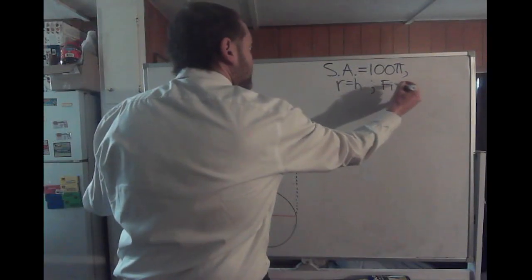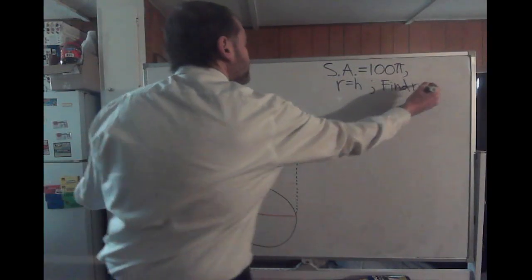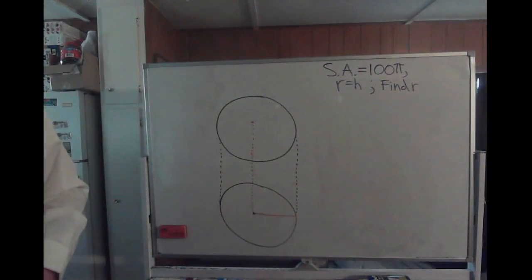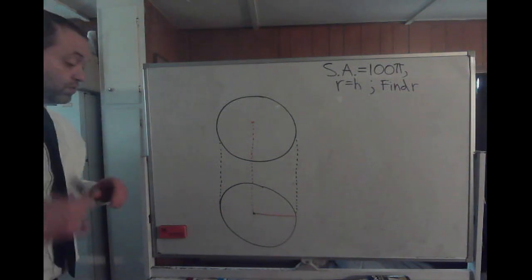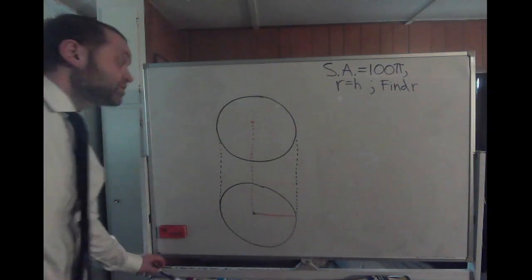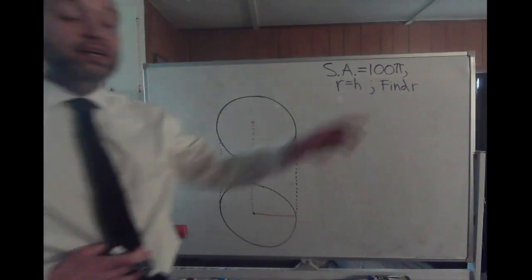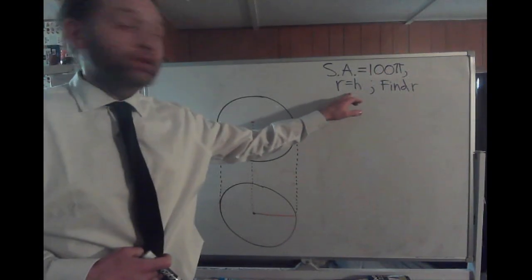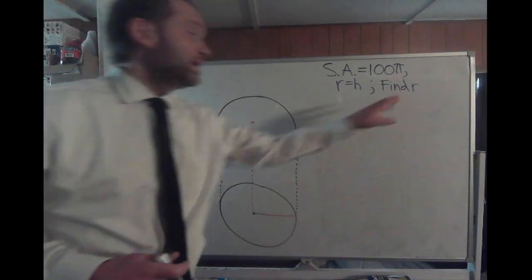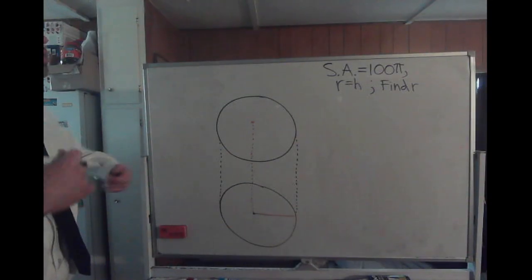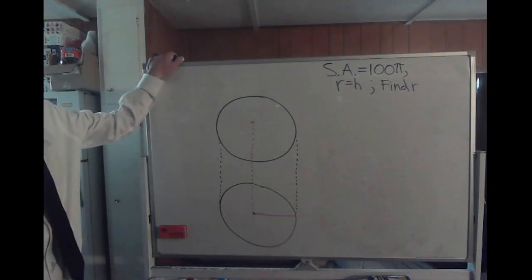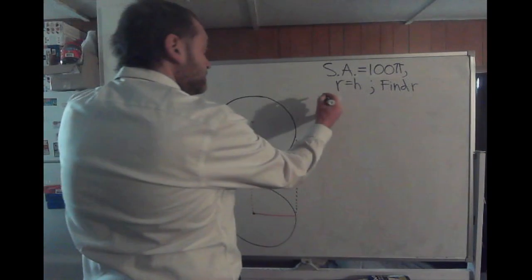You're supposed to find the radius. So right away you're given that the surface area of this cylinder is 100 pi square units. They also give you the fact that the radius and height are equal. Find the radius. So what is the formula for the surface area?